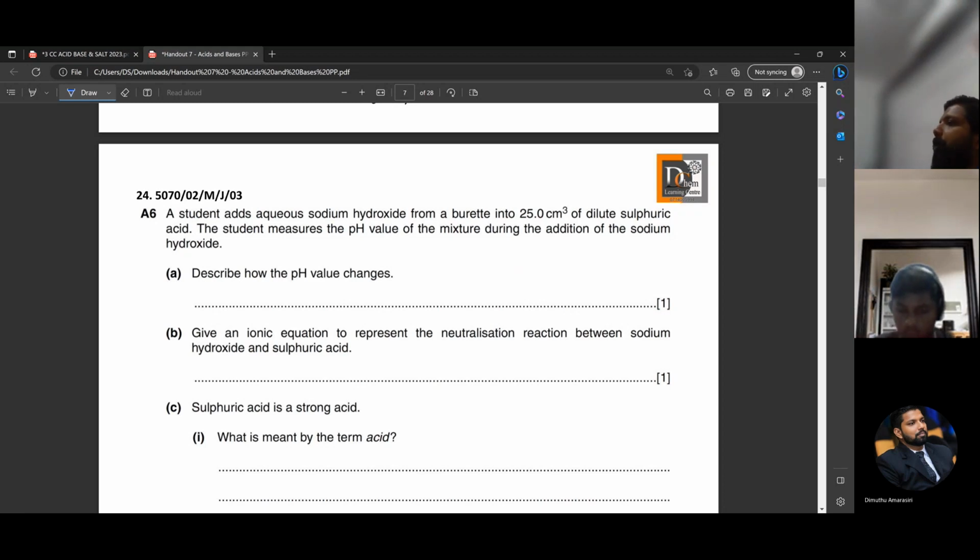If you don't know how to write the ionic equation, just skip it and go. I'll explain that as extra knowledge today, and then you can put that into your knowledge bank.